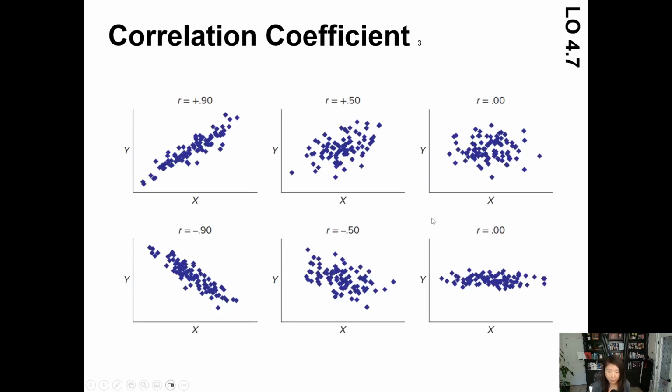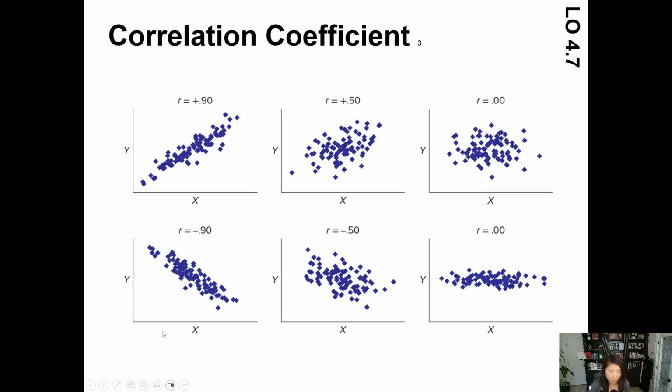Now if you look at the following, 0.9, and then 0.5, which is approximately 0.5, but actually if you keep more than 3 decimal places, it's 0.499. So the first one is a strong positive relationship. The second one is a weak relationship, and the last one here is no relationship.